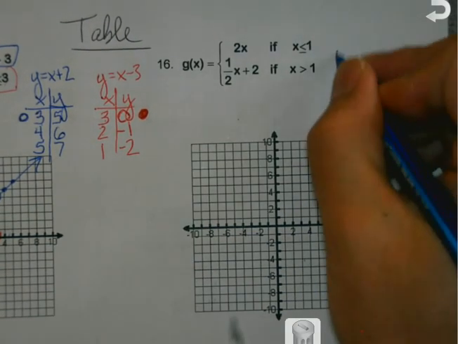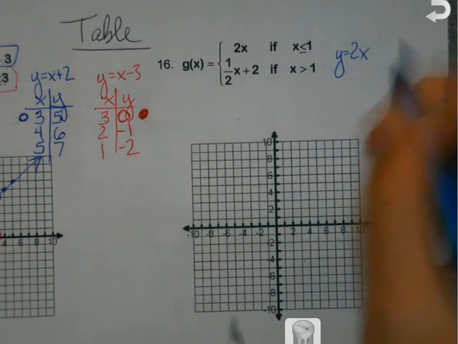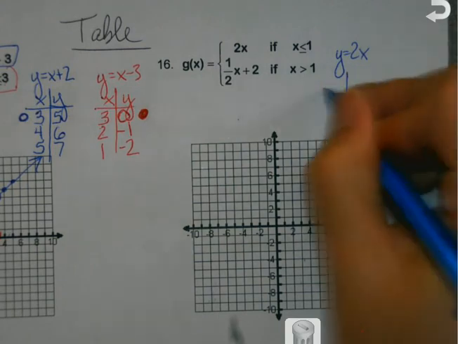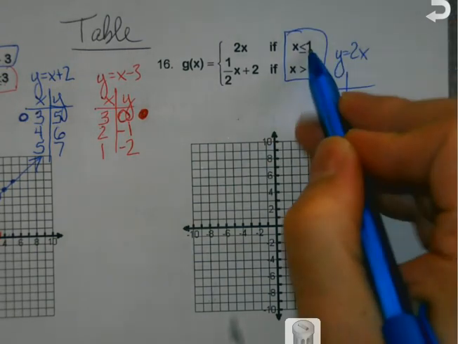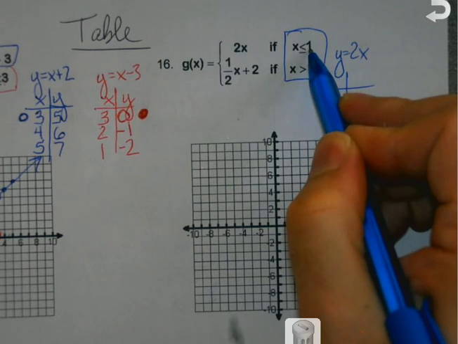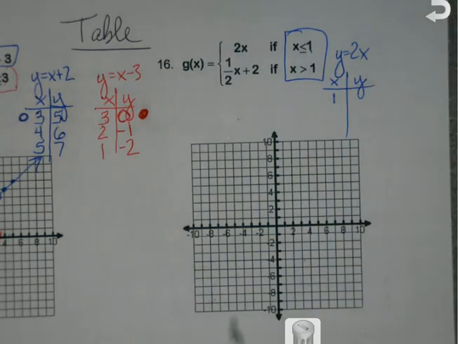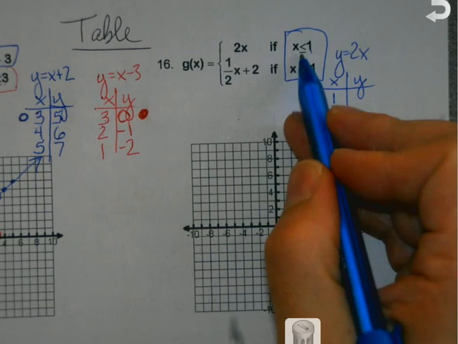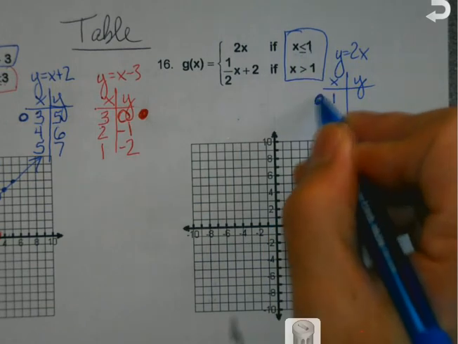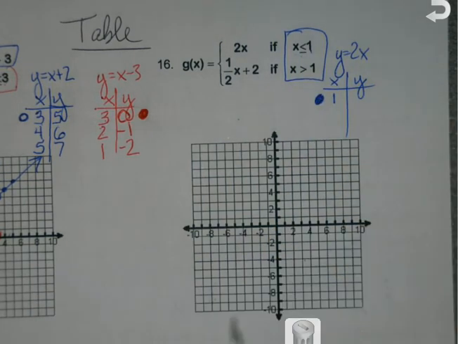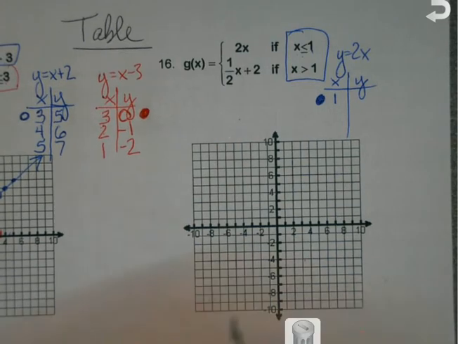So this time, got y equals 2x. Where are we starting? We're starting at 1. They give us the first number every time. All right, so x is less than or equal to 1. Closed dot. Less than. What are my next 2 numbers going to be? 0 and negative 1.